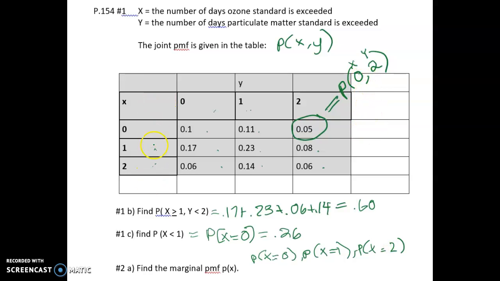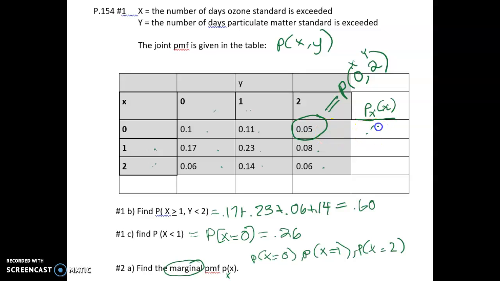Since x is in the rows, I could put the marginal for x, which usually has a subscript of x on it, right over here in the margin of the table. It's called a marginal probability mass function, and it's in the margin. And all you really need to do is add up things over these columns. So probability x equals 0, there's 3 ways it happens.